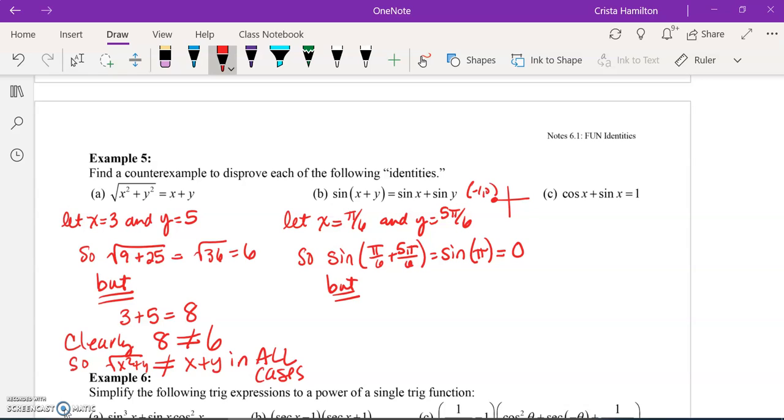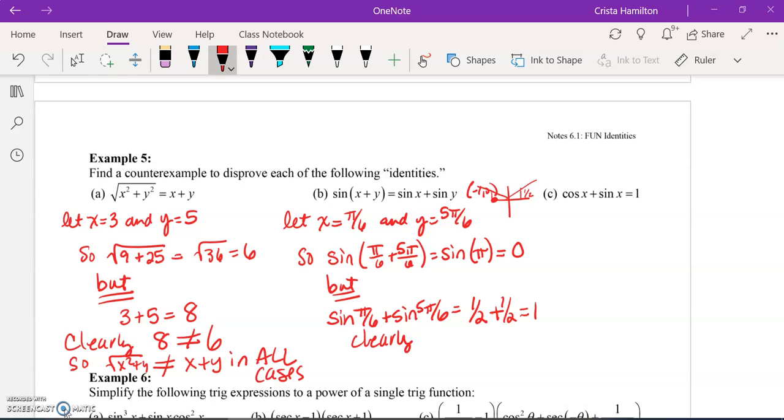But if I was going to do the other side, sine of pi over 6 plus sine of 5 pi over 6. All right, sine of pi over 6, if you remember, that's your 30-degree angle. That's your 1/2. And sine of 5 pi over 6 is in the same family. So there was pi over 6 with a y-coordinate of 1/2. It's in the same family, so it also has a y-coordinate of 1/2. And this is equal to 1.